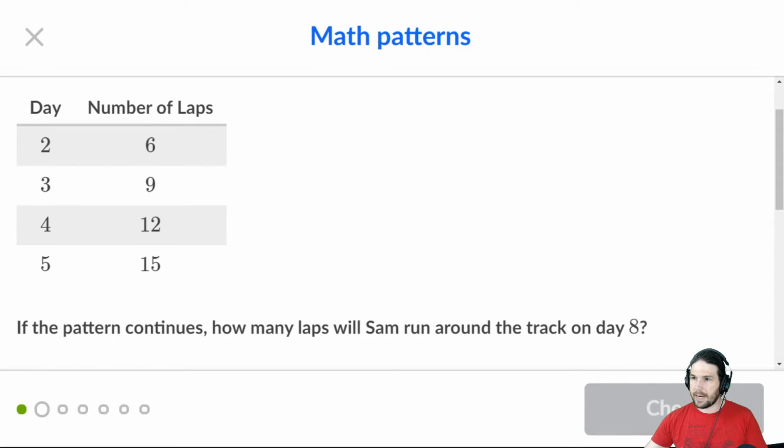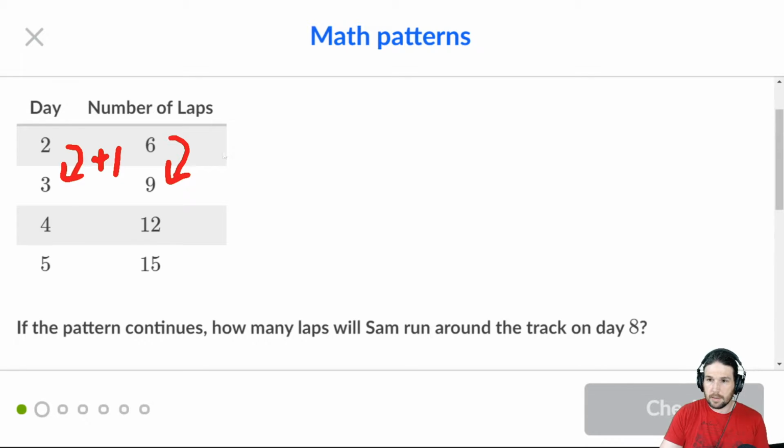In this case, the rule is every time the day increases by 1. In fact, let's go ahead and actually write it down. Every time the day increases by 1, the number of laps increases by 3. And it's important to note both sides of this rule, okay? Because sometimes, what if they only ran every other day? Or we want to know how many laps they run every 2 days.